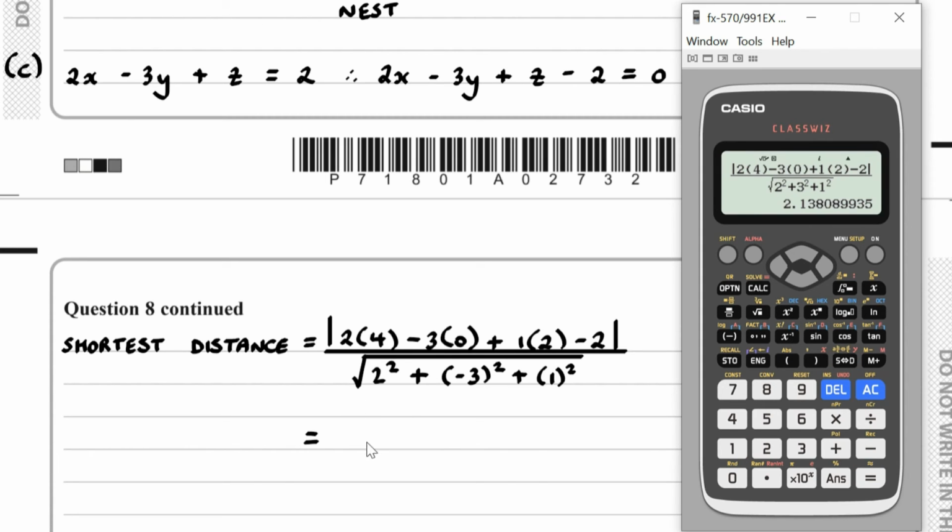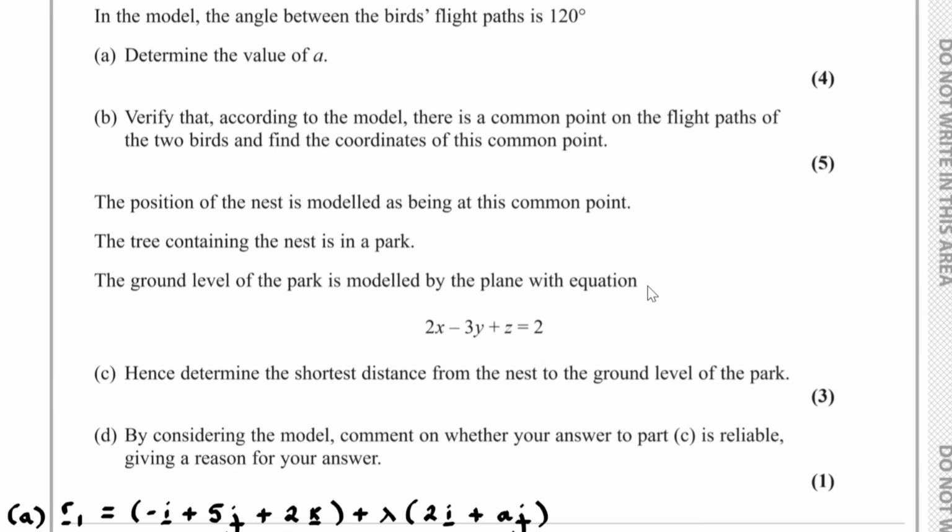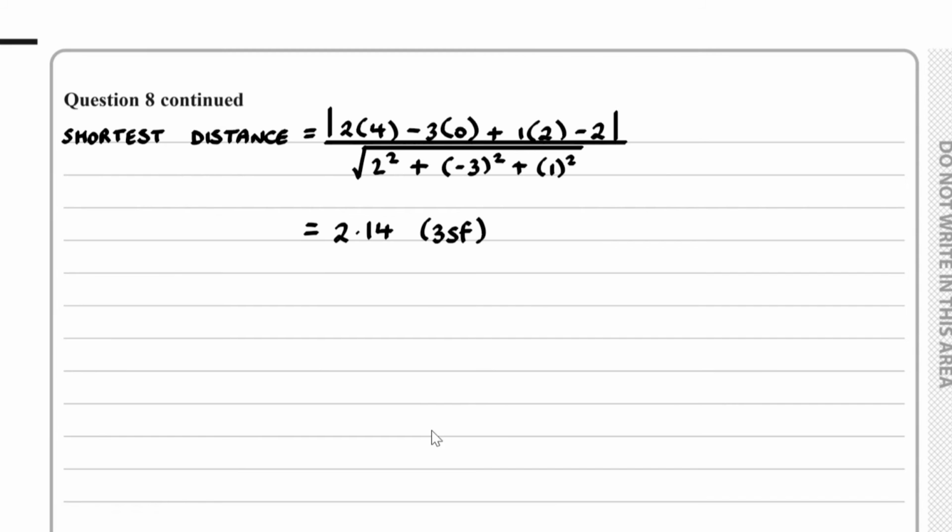So we get 2.14 given to 3 significant figures, and the units, well, we're not given any particular units, so let's just write units.